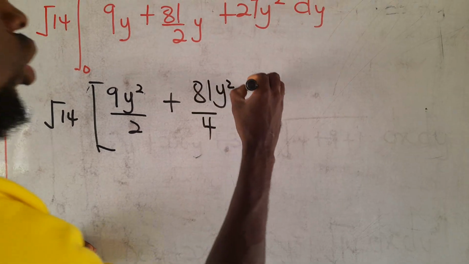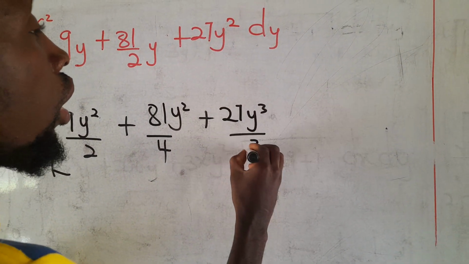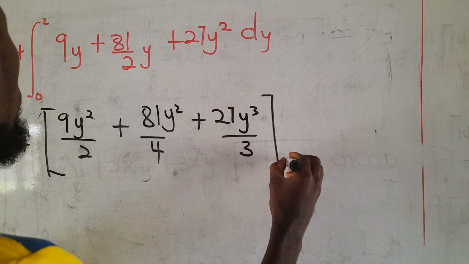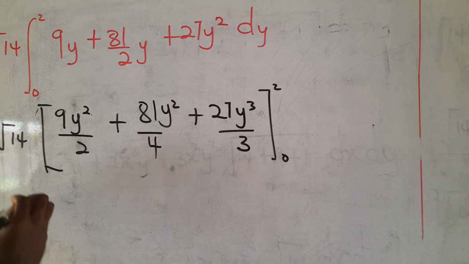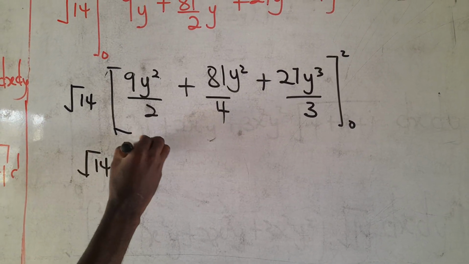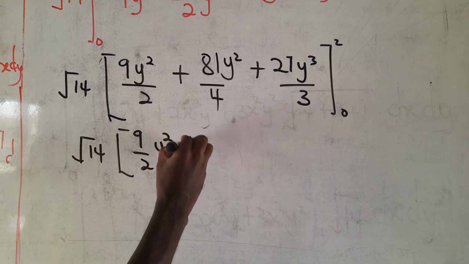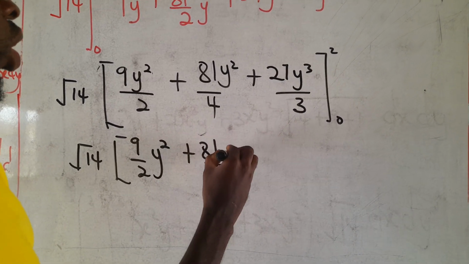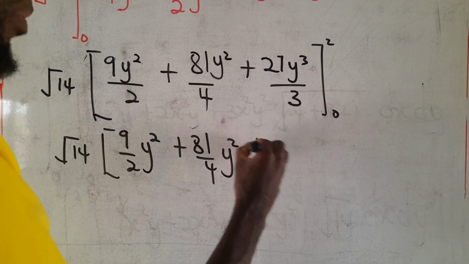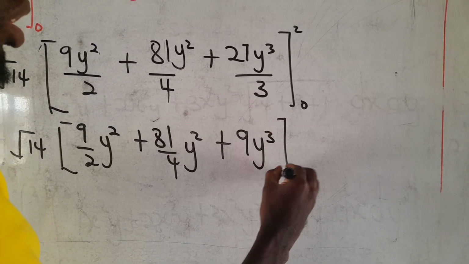So the last one will give us 27y cubed over 3, then spanning from 0 to 2. On polish further, we'll get the square root of 14, 9 over 2y squared plus 81 over 4y squared, then plus 27 divided by 3 is 9, so 9y cubed, 0 to 2.